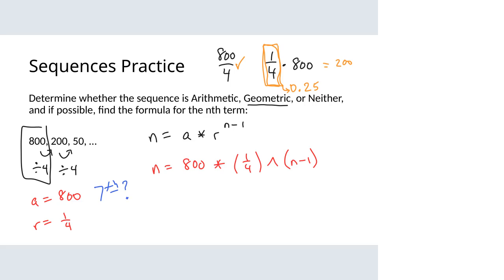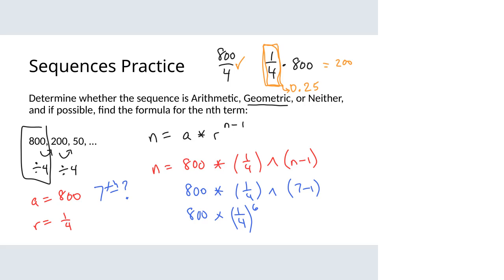If we wanted the 7th term in this, well, let's see here. That'll be 800 times 1/4 raised to the 7 minus 1. So that's 800 times 1/4 raised to the 6th power. And so what we would have to do here is do 1/4 raised to the 6th power. And so we do 1 divided by 4.